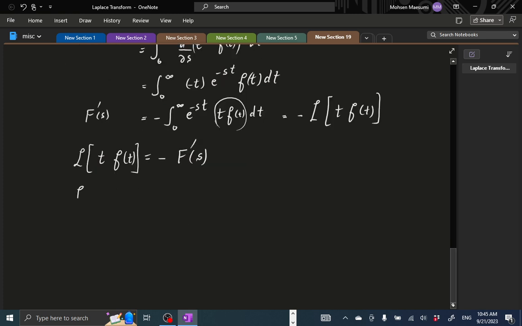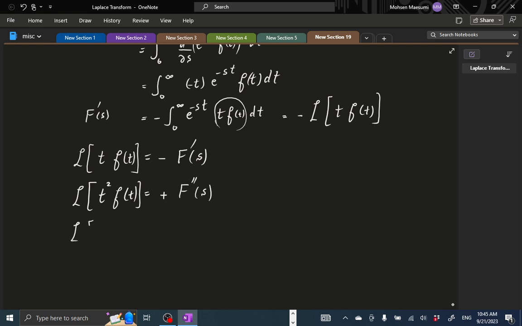Well, same kind of reasoning can be applied to t squared times a function, which is going to be t times that one. When we go through that, we are going to have derivative taken twice, and that causes two negatives coming out. Two negatives cancel each other out, and I get F double prime of s.